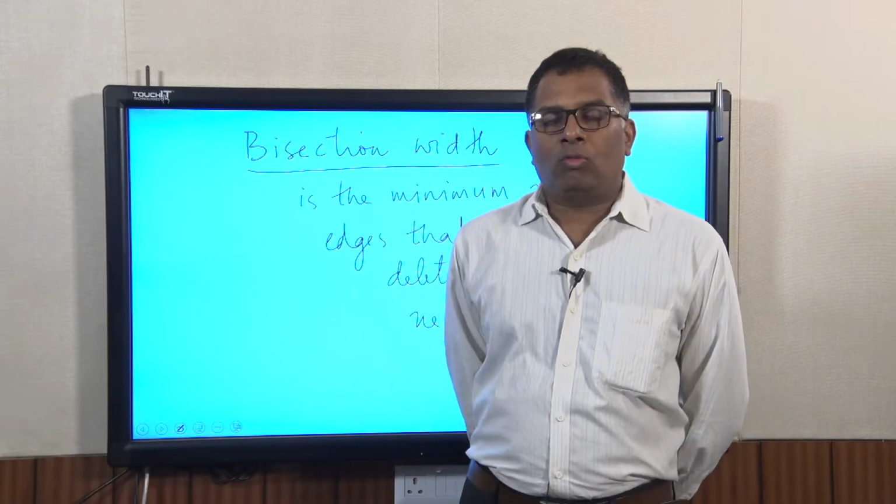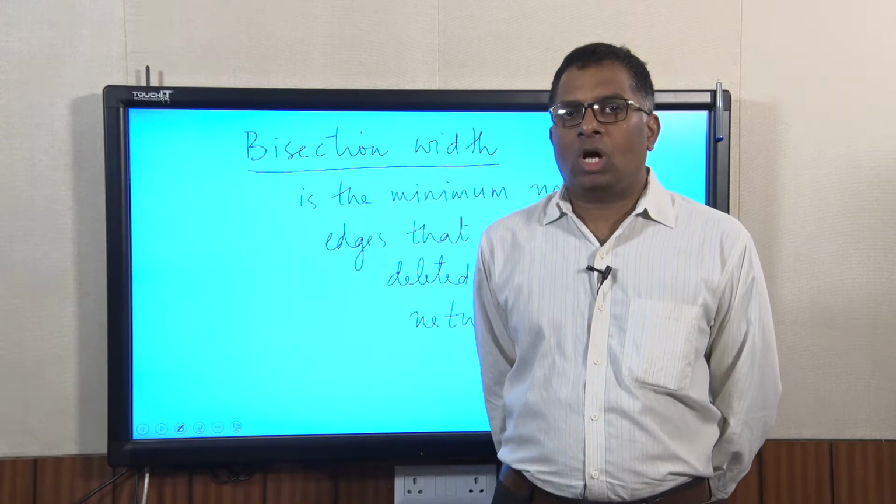By bisection, we mean we want to partition the network into two halves so that each half will be approximately of the same size.